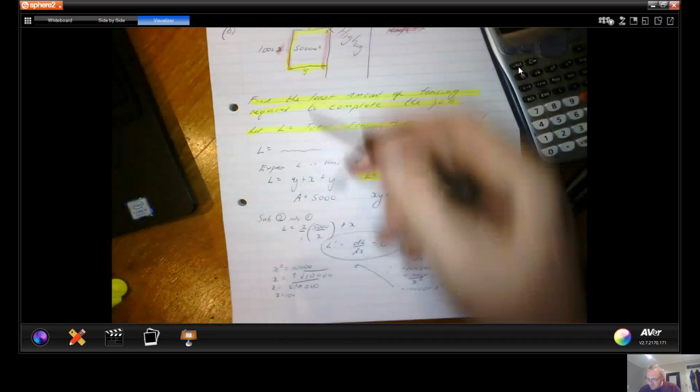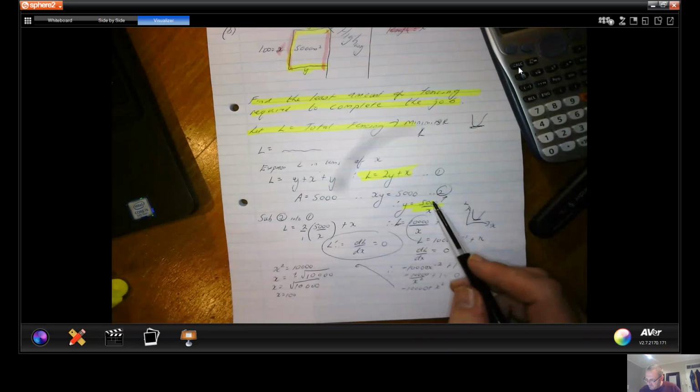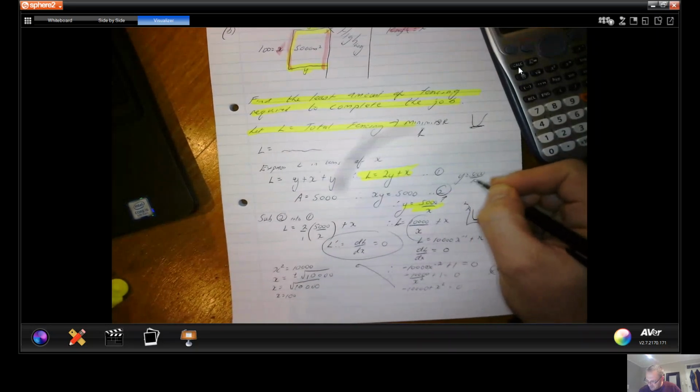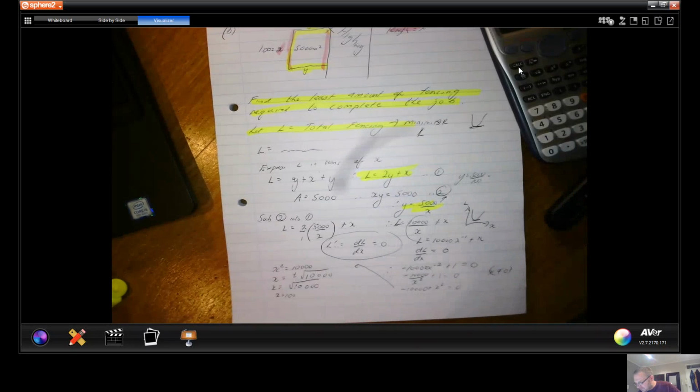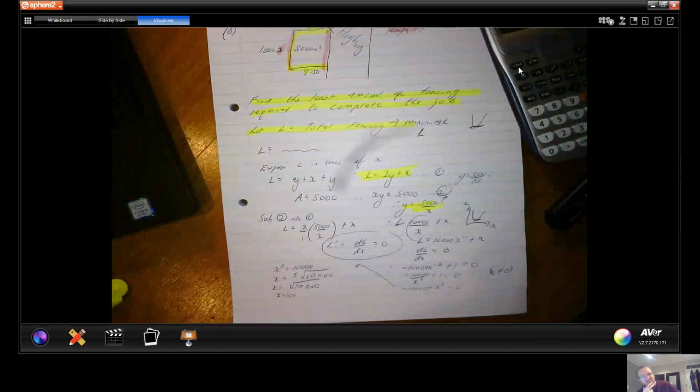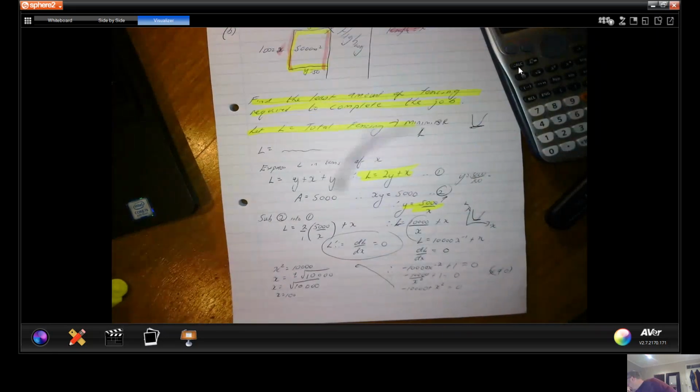Well, then the length would be 100, and y would be 5,000 divided by 100. They didn't ask this, but if they did, 5,000 divided by 100 is going to be equal to 50. So you'd have 50 there and 50 there. So the dimensions will be 50, 50, 100, right? And that would minimize the amount of fencing in order to get an area of 5,000 meters squared.